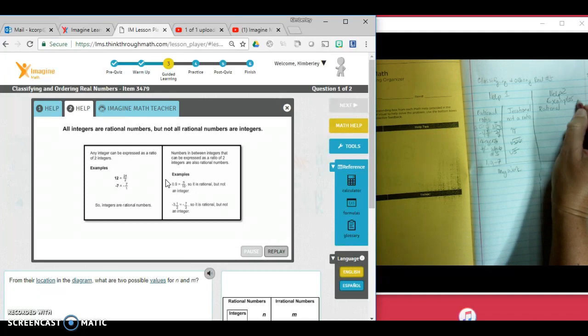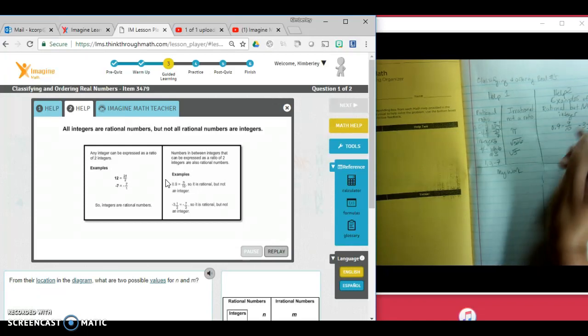So I'm going to write down examples of rational, but not an integer. We have our 0.9, 9/10, negative 3 1/2, negative 7/2.